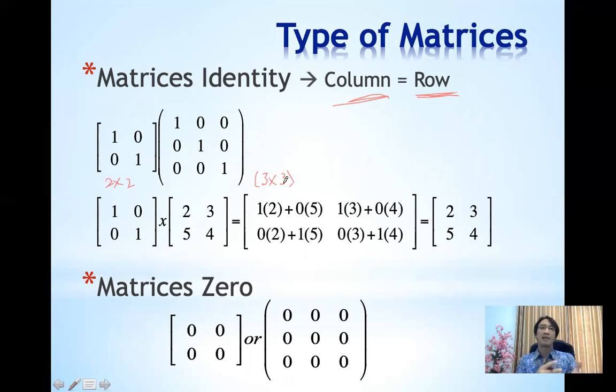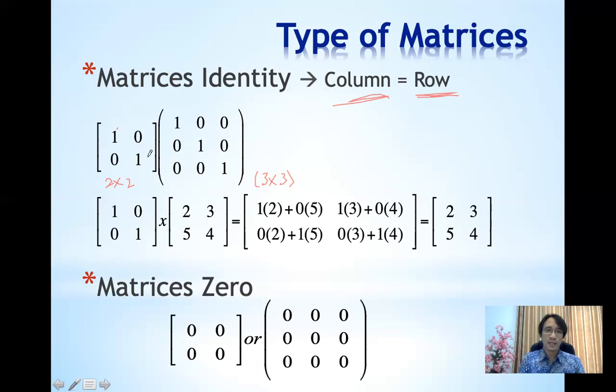And the most important part that makes this matrix an identity matrix: 1 0 0, 0 1 0, 0 0 1.